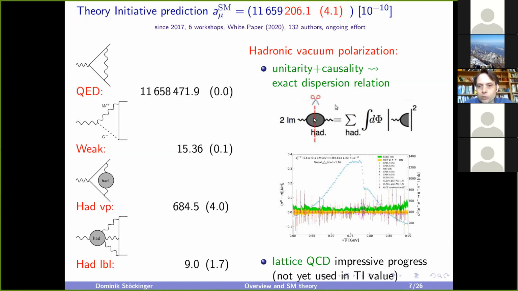An alternative way to determine this would be to use a space-like Mandelstam variable. So you would need a process where this hadronic blob appears in the t channel. This would give rise to an entirely different determination, and in muon electron scattering, this is what one can do. They scatter via photon exchange in the t channel, and by measuring this scattering extremely precisely, one becomes sensitive to the hadronic blob in the photon propagator.